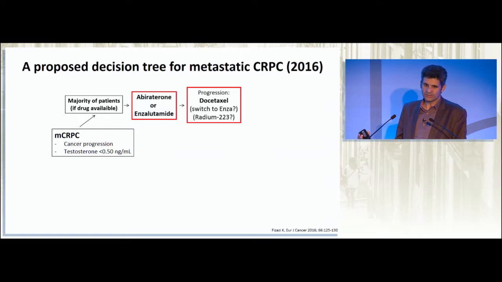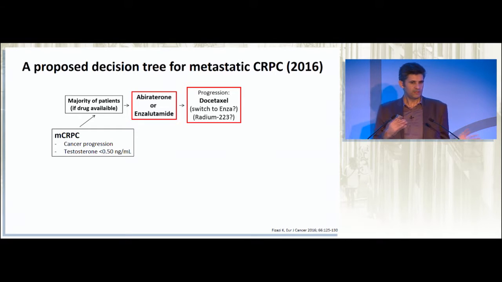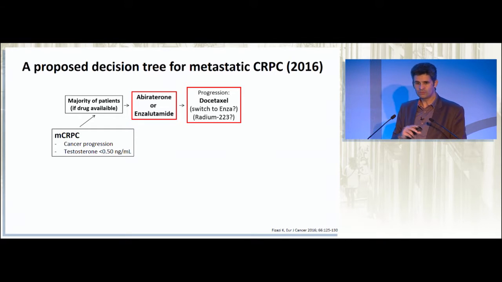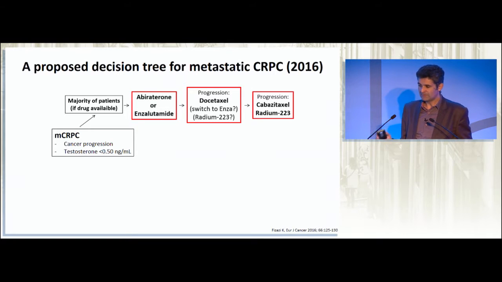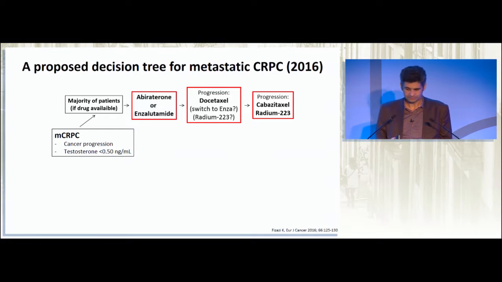If a patient is progressing, docetaxel would be my first choice, with maybe some hesitation with a switch to the other AR targeting drug. And we don't have much data with radium as far as I know in patients failing Abi or Enza. I wish we had some because it would be really interesting. Now, for patients failing all this, cabazitaxel and radium are probably reasonable options.